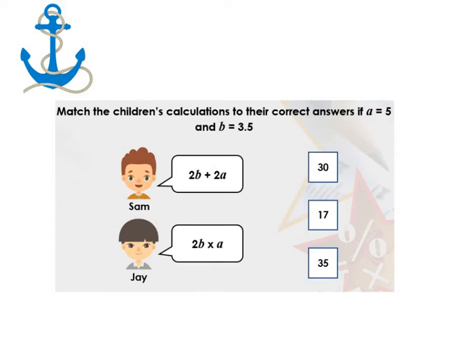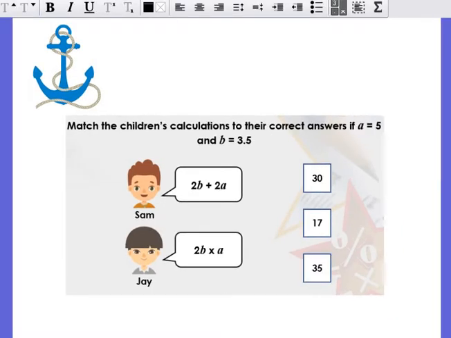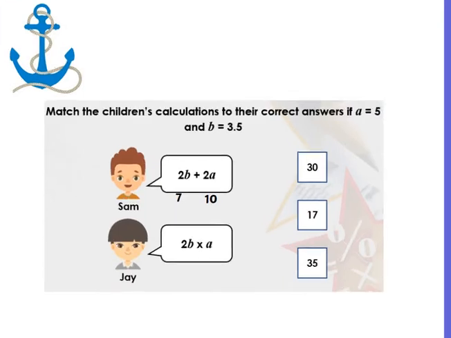So our first anchor question: match the children's calculation to the correct answers if A equals 5 and B equals 3.5. So 2 lots of A, we know this means 2 times 5 is 10 and 2 times 3.5 is 7, so 7 add 10 would equal 17.